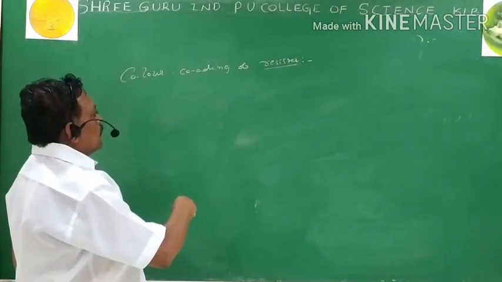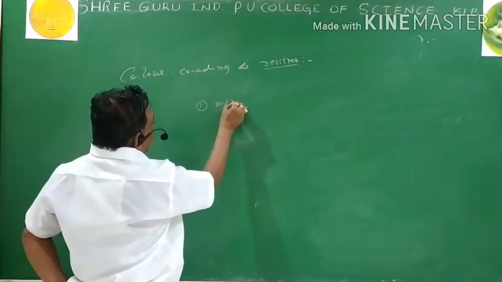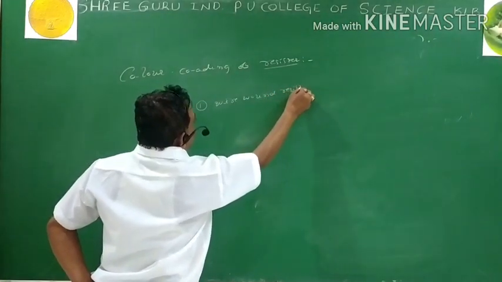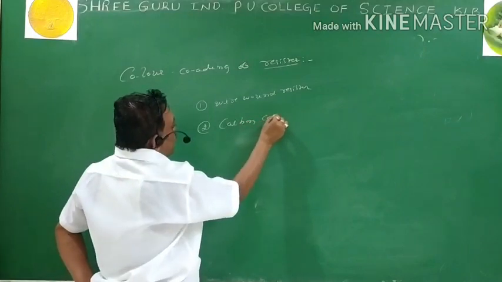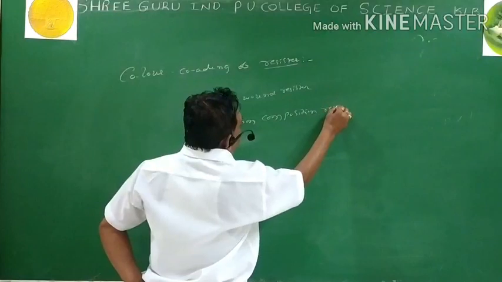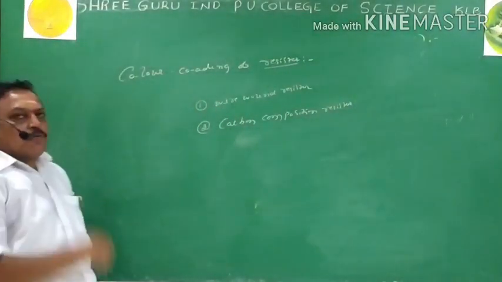We classify the resistor into two types. One is the wire wound resistor, and another one is the carbon composition resistor. Both the resistors are used.